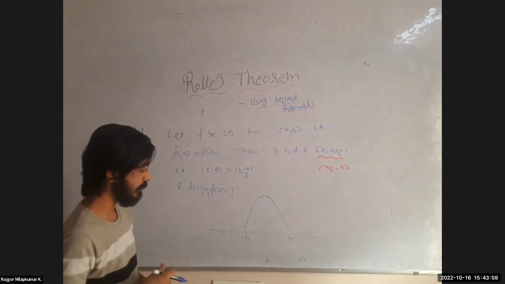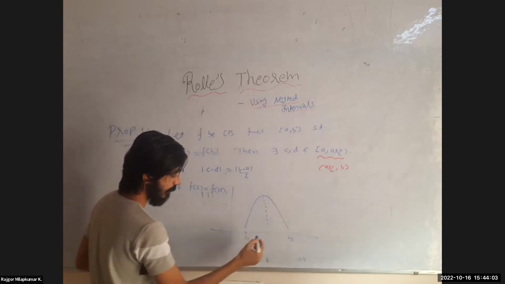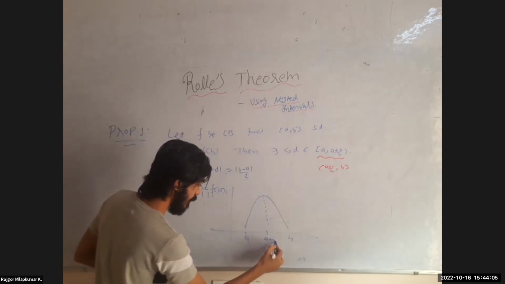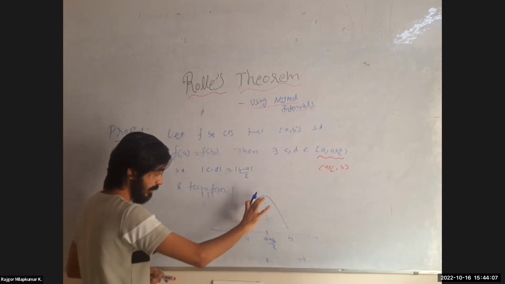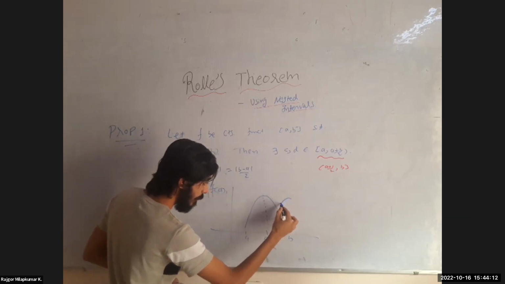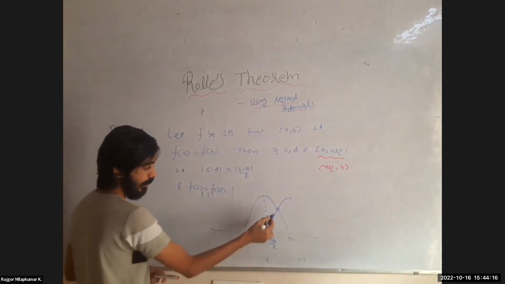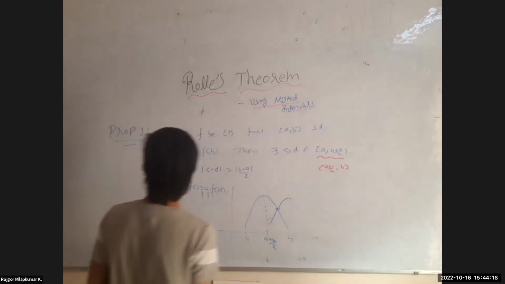How can I construct this? If I cut this in half at (a+b)/2 and translate this here, it will be something like this, and this is the point that I want. So how can we show this?